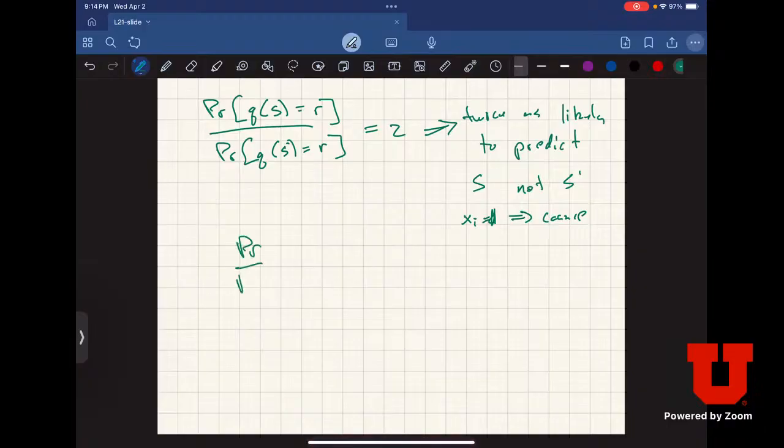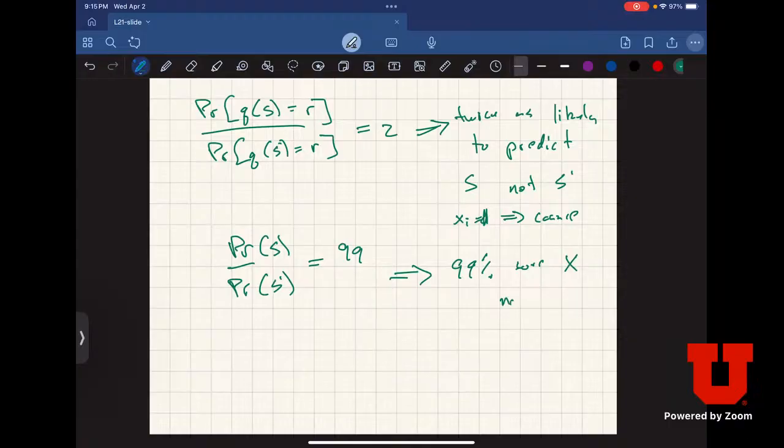If this ratio of S versus S prime is something much larger, like 99, then I'm 99% sure, of the two options, S or S prime, someone has cancer or not, that the actual data says X and not X prime. So I'm pretty confident.